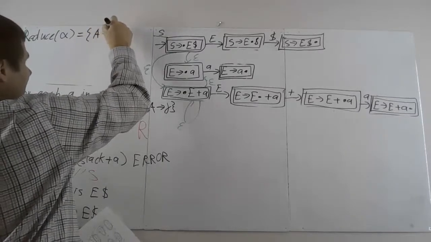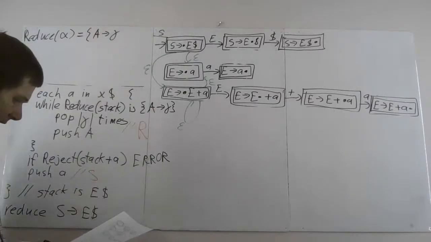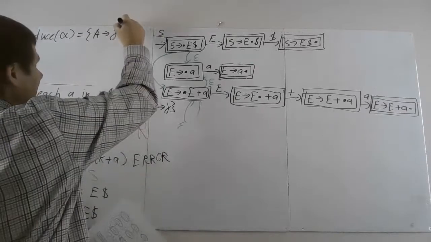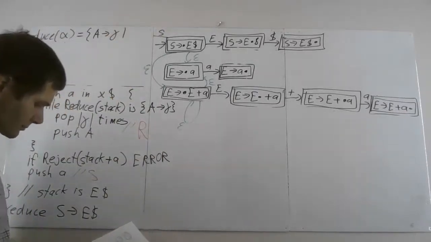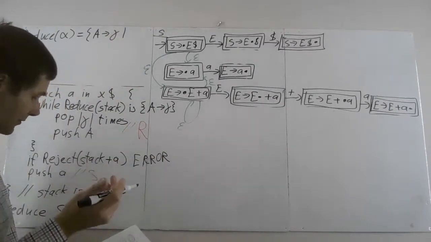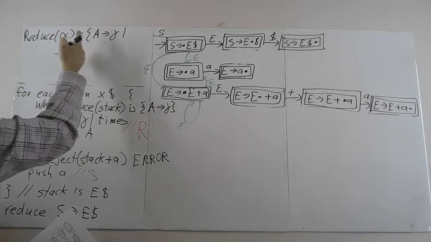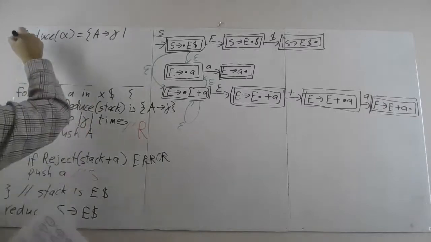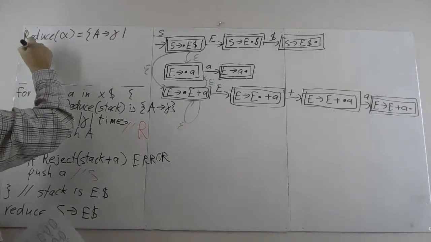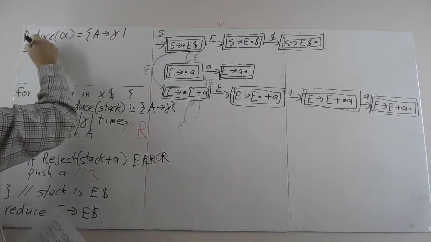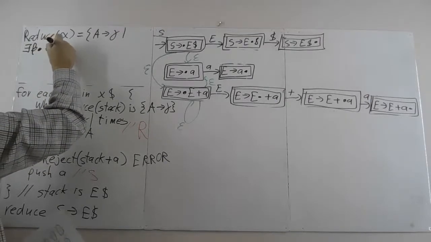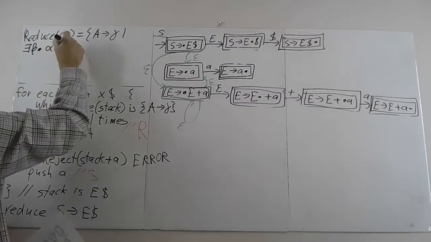So this set is going to contain A goes to gamma if, first of all, gamma is at the top of the stack, so A ends with gamma. So I'm going to write that as there exists a beta such that alpha is beta gamma.